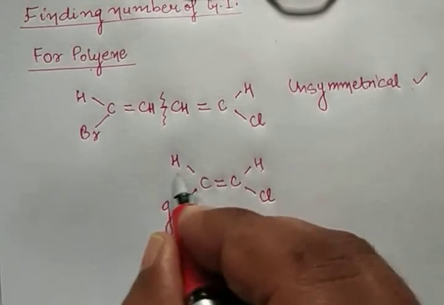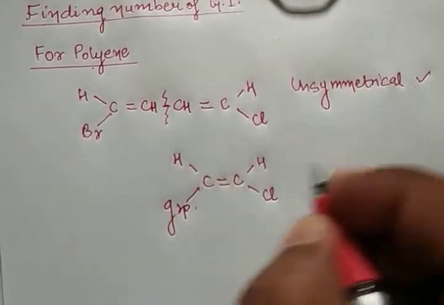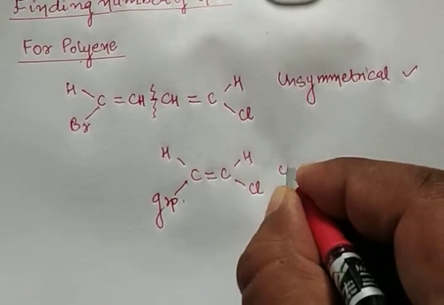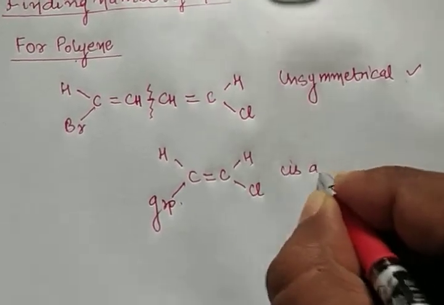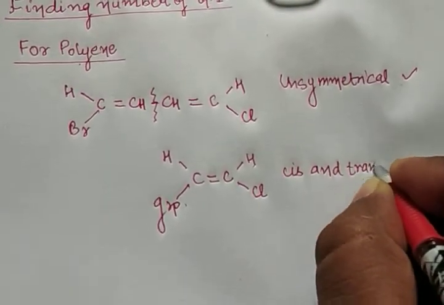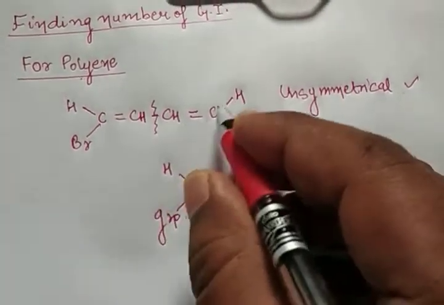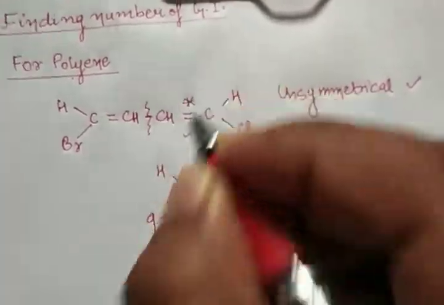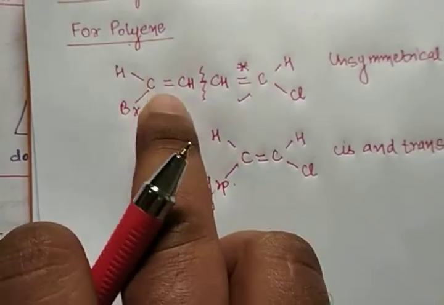So both sides have hydrogen, which means this is cis, and again the formation of trans is possible. So cis and trans are possible on that carbon double bond. It means one stereo center, denoted by an asterisk sign. Clear?